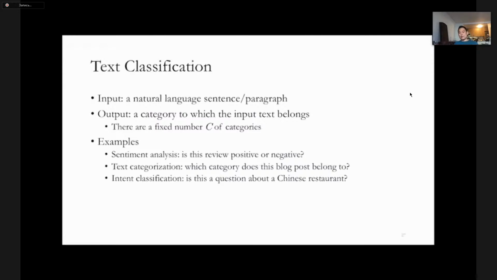Can we actually tell automatically to which category it belongs? And then there's intent classification, often used in building a goal-oriented dialogue system. Is this question from a user about a Chinese restaurant? So there are many different examples of text classification, but at the end of the day, we are going to work at the level of abstraction where we say that the input is a natural language sentence or paragraph, and the output is going to be one of a fixed number of categories.